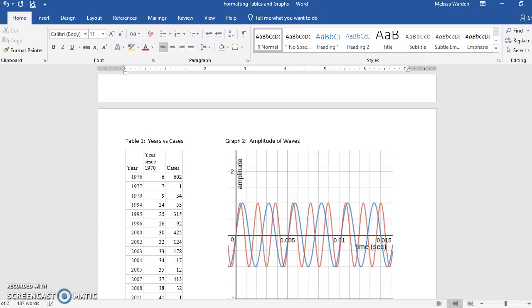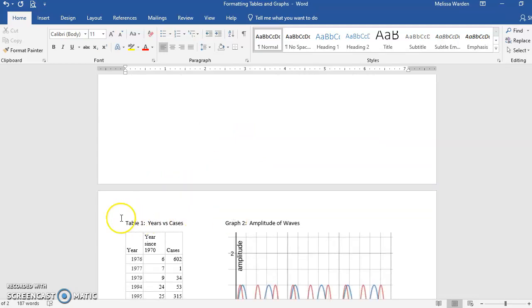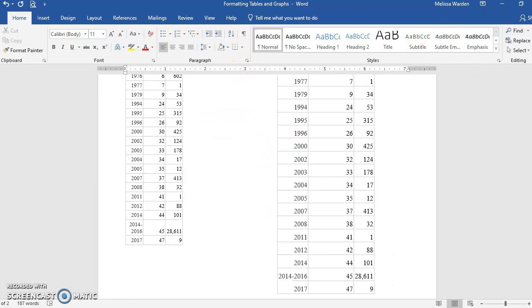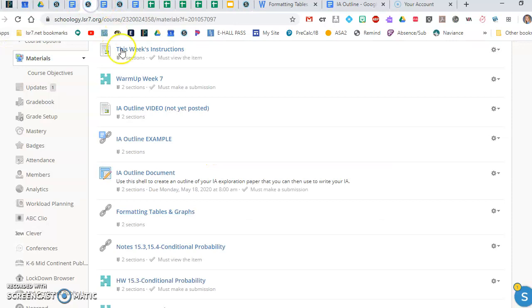I don't know, these obviously don't go together, but maybe you're giving a little explanation. And obviously table 1 should probably go with graph 1, but it could go with graph 2. It just depends on what's going on. Or maybe you're using figure 1, figure 2. However you do it is fine, but you should have some labels on there for those.